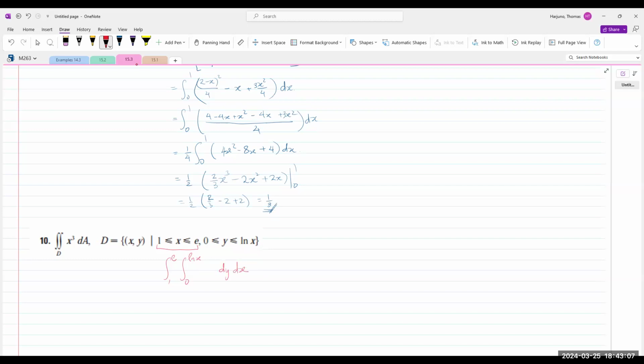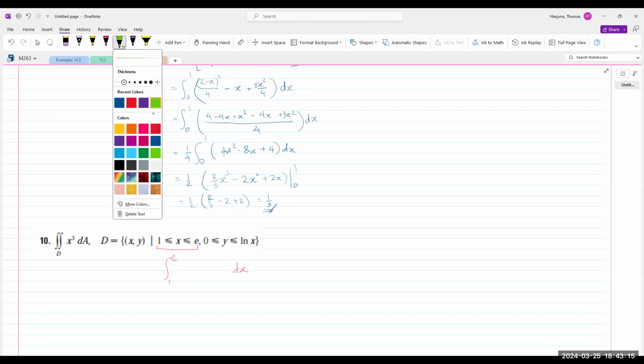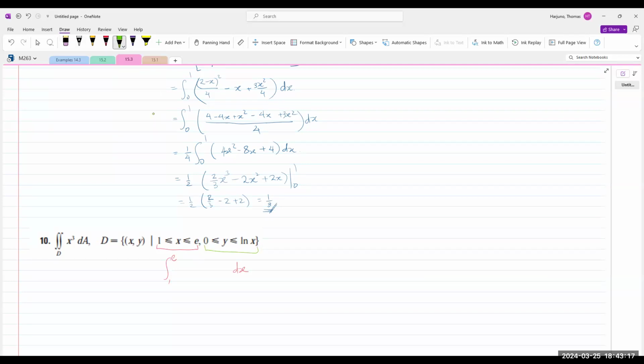Maybe I use a different color so that you can see that. If I use the green color, this will be the integral from 0 to ln x dy. Now, at this point, I can tell you something more.